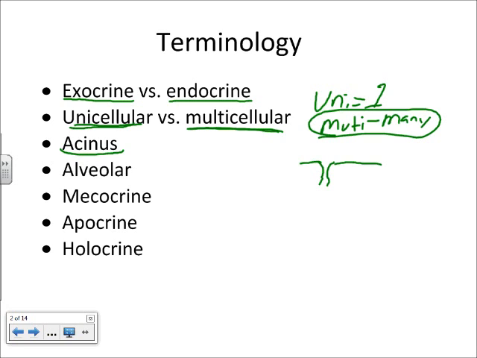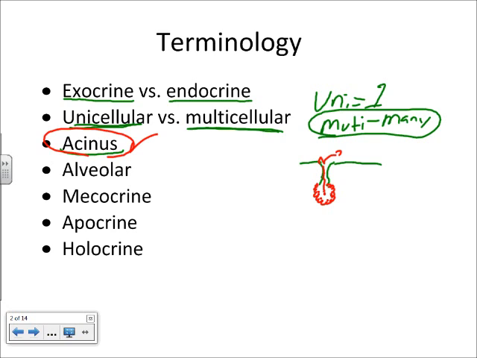Part of that inward fold is going to be a duct, and another part is going to be a portion of the gland that contains the cells that produce the secretions of the gland. That's what the acinus is: the part of the gland that produces the secretions and releases them into the ducts and out of the gland. So, the secretory region of the gland.